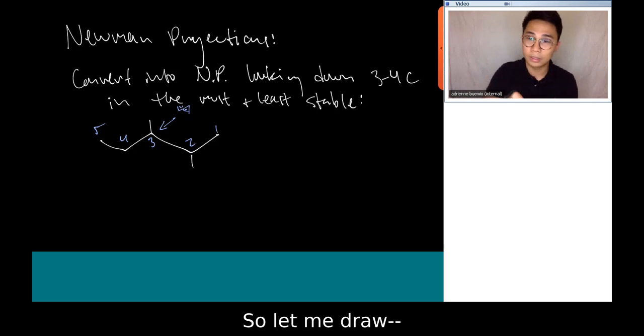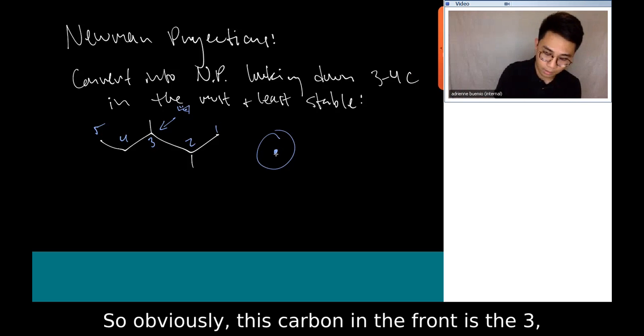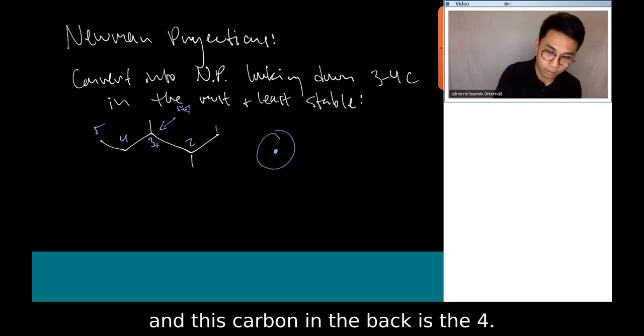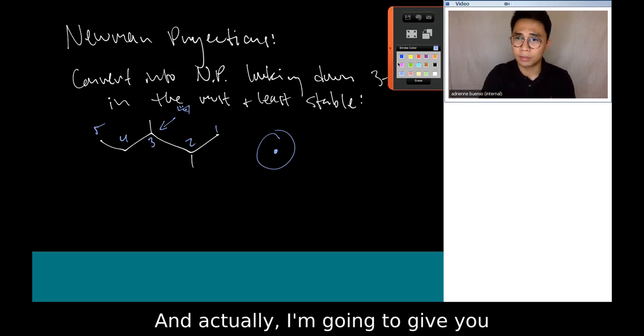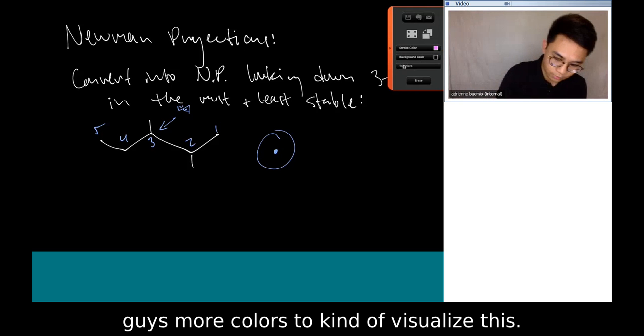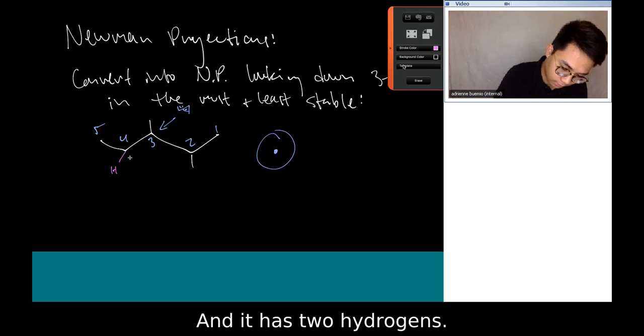So now we just convert that into Newman projection. Let me draw. So in Newman projection, we always start with the carbon in the front and the carbon in the back. Obviously this carbon in the front is the 3, and this carbon in the back is the 4. And I'm gonna give you guys more colors to visualize this. This carbon has this methyl group here, and it has 2 hydrogens, right?